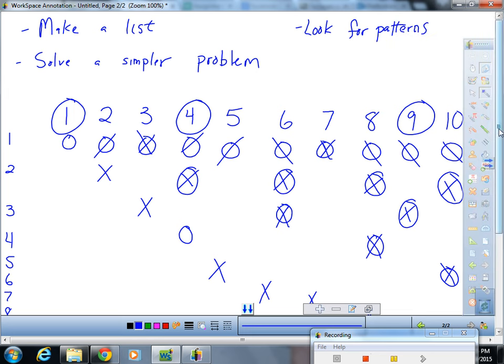Okay, so 1, skip 2, 4, skip 4, 9, maybe we guess that we skip 6, or you can maybe say 1 plus 3 is 4, 4 plus 5 is 9, and 9, so maybe we're going to guess plus 7. So let's test number 16.